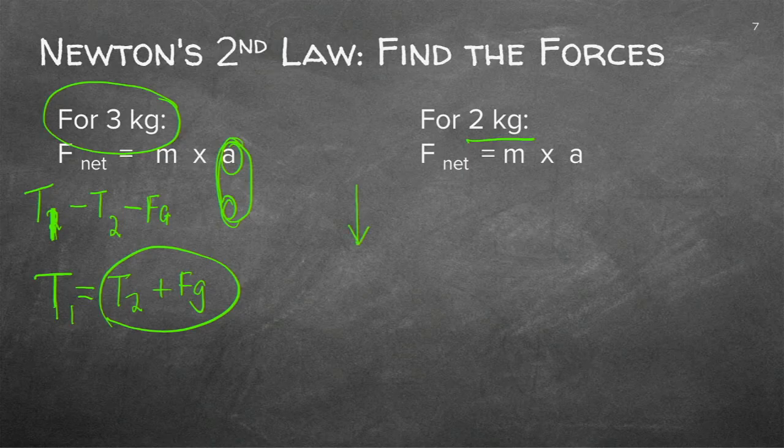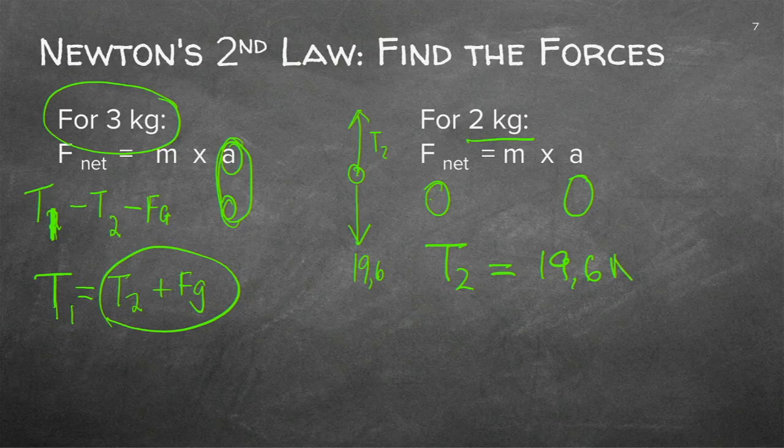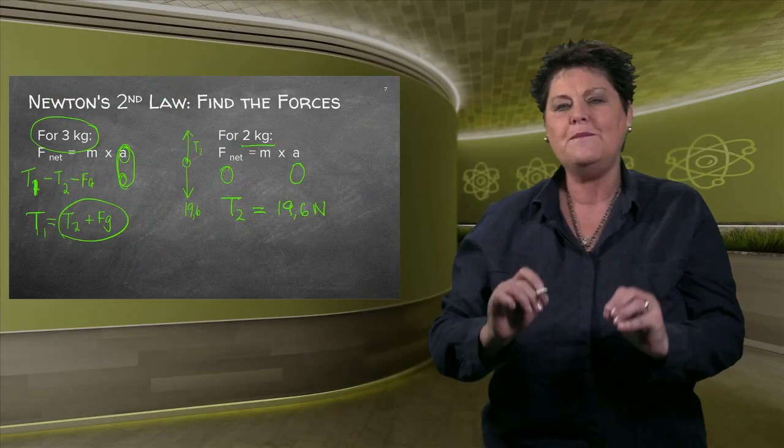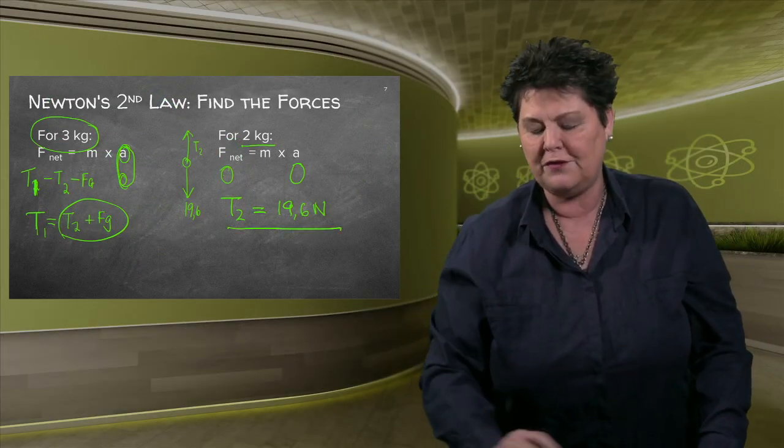Remember, it had the gravity downward, which we calculated as 19.6, and upward we had T2. If that's 0 again, we know the F net is 0, which will mean T2 is equal to 19.6. Now, for the first time, you've got a value for one of the T's.